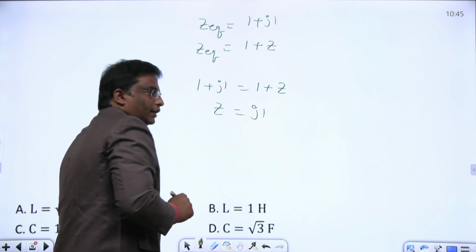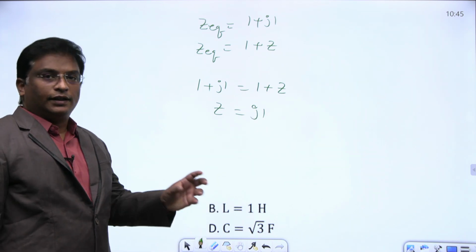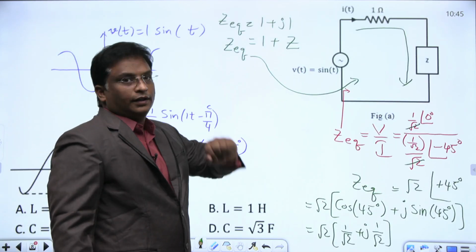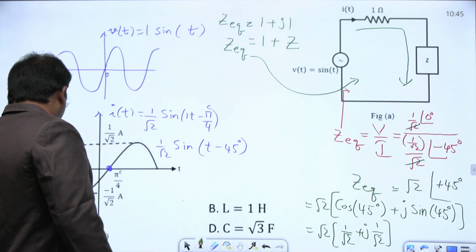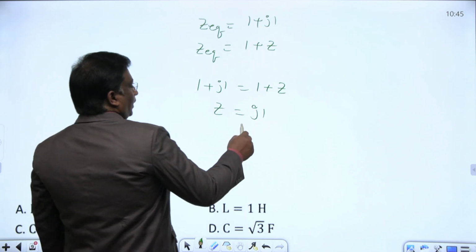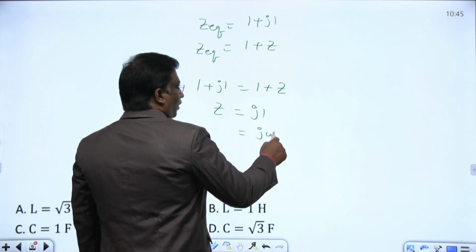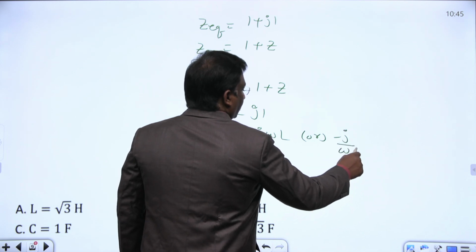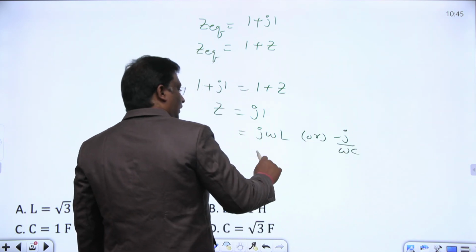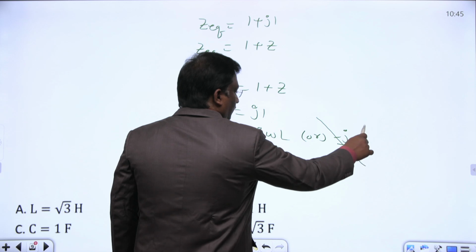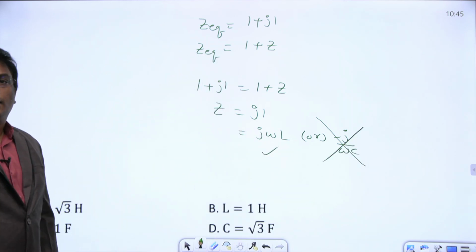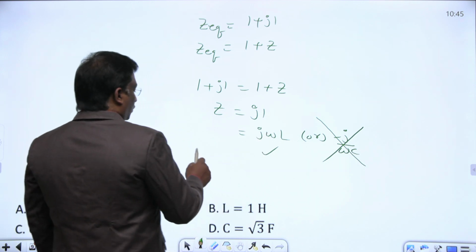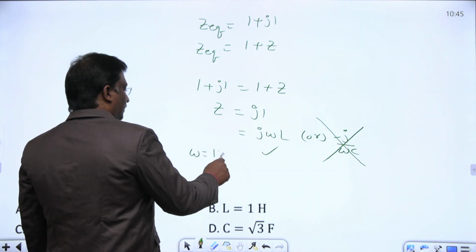Here, this is the impedance of the element, Z. See here, this seems like j omega L, not like minus j by omega C. Therefore, the element should be an inductor. And the given source is working at 1 radian per second.